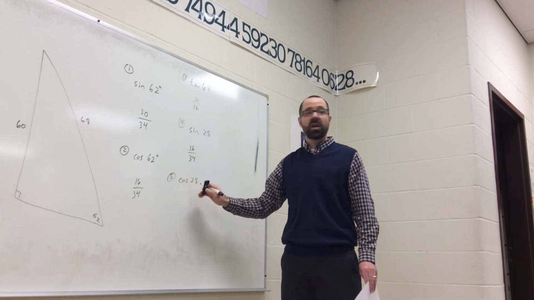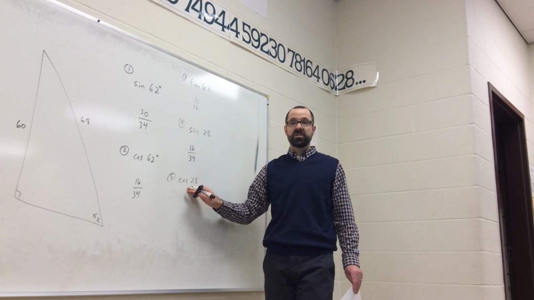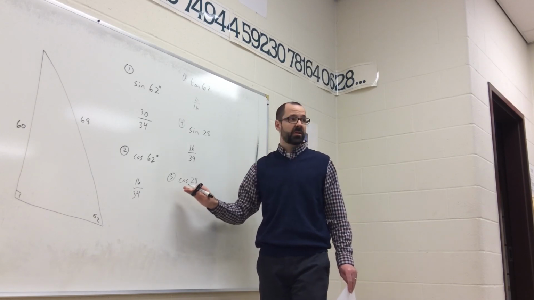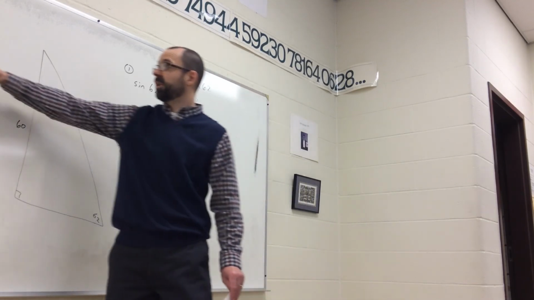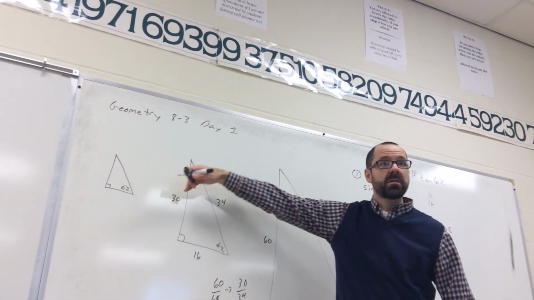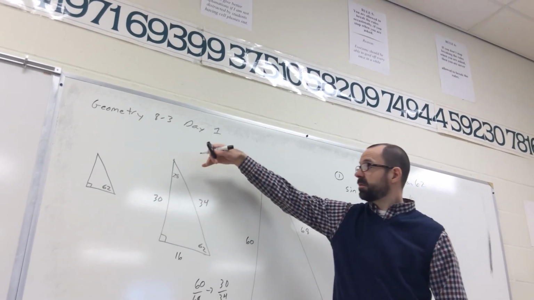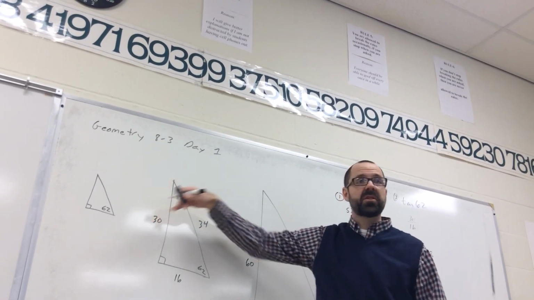Now we're going to look at the cosine of 28. Cosine is adjacent over hypotenuse. So here's 28. Adjacent to that is 30, and hypotenuse is still 34. So cosine of 28 is 30 over 34.